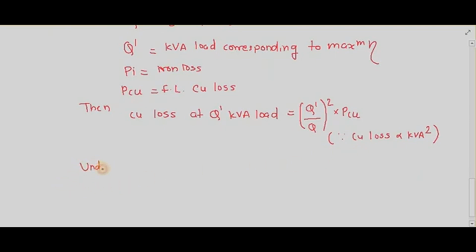So now under maximum efficiency condition, my copper loss equals iron loss. Copper loss equals iron loss. So I can write Q dash upon Q whole square PCU equals to Pi.